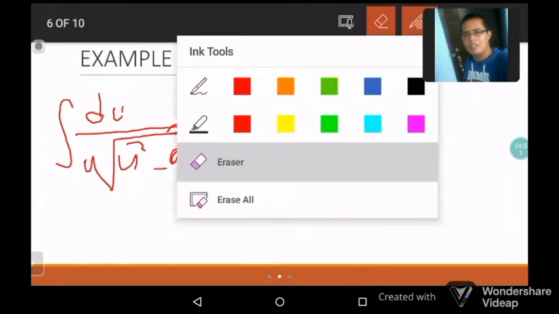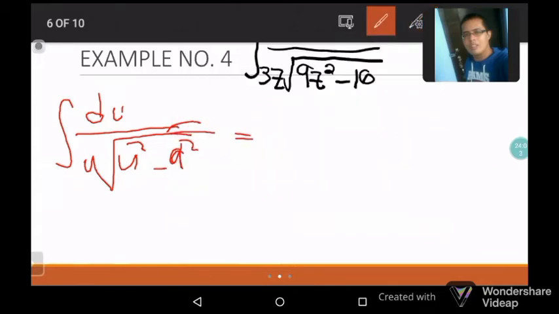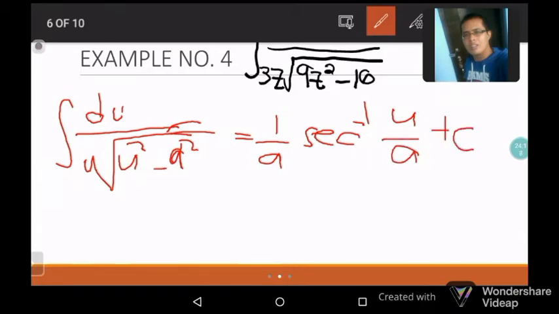So, di ba yan yung formula natin? So, the integral of du over u square root of u squared minus a squared is equal to 1 over a arcsecant u over a plus c. Okay, let's apply the formula.